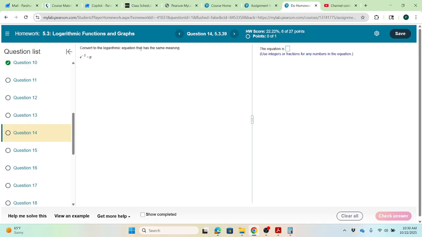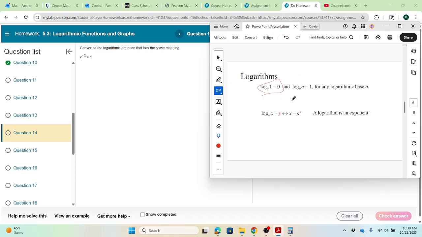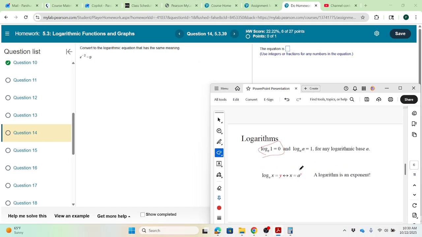Convert to the logarithmic equation that has the same meaning. So this is the exponential, and we would like to go to the log equation. Just write down: P is X, e is the base, and Y is negative 2.